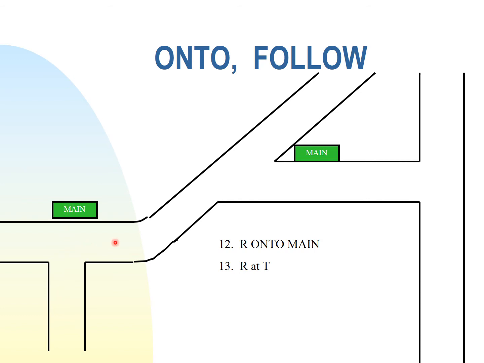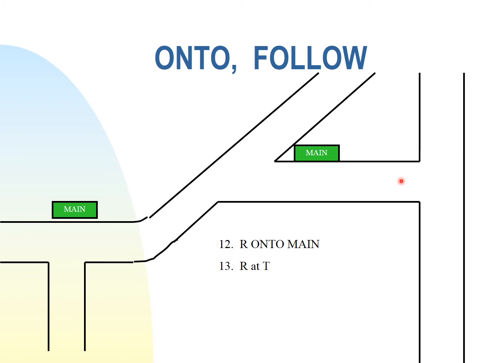So now we start looking for instruction 13, right at a T. We get up to this intersection. This intersection is not shaped like a T, so we can't execute the instruction here. So which way do we go? Well, since instruction 12 placed us onto Main, and there's a single route leaving the intersection identified as Main, we would follow the onto and continue here.